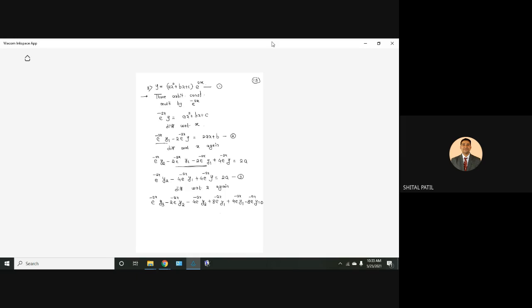Simplify it. So e raised to minus 2x y3, a single term in y3, two terms in y2, add them. Two terms in y1, add them.